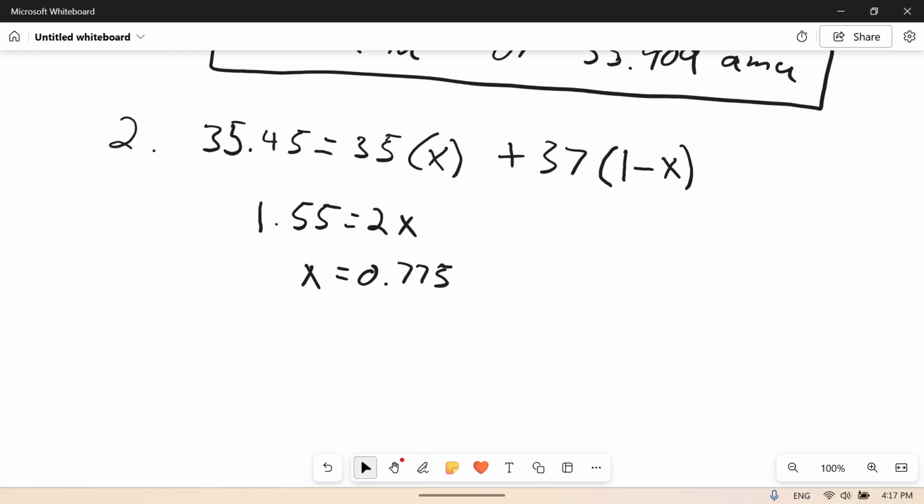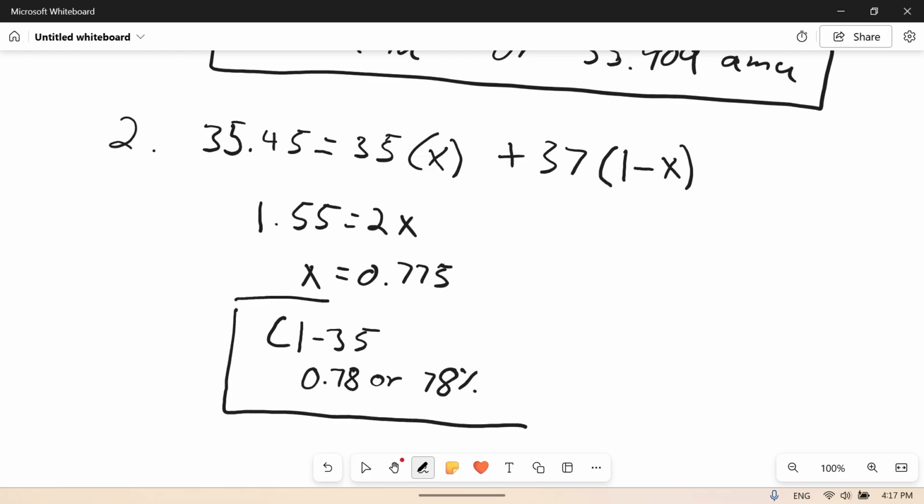All right. So again, with significant figures, you can say that chlorine 35 is probably about 0.78 or 78%. And chlorine 37 must be 1 minus that.